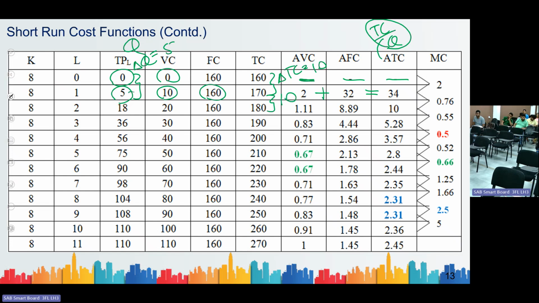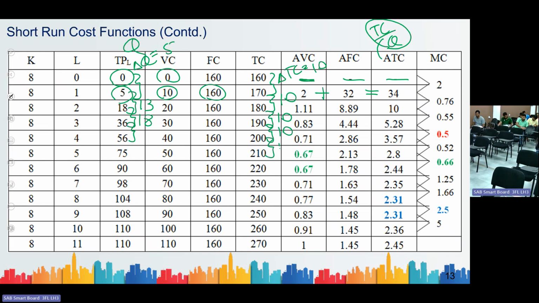And change in output is 13. 10 divided by 13, it's 0.76. And again, total cost increases by 10. Output increases by 18. 10 divided by 18, it's 0.55. Again, total cost increases by 10. Output increases by 20. 10 divided by 20, it's 0.5.